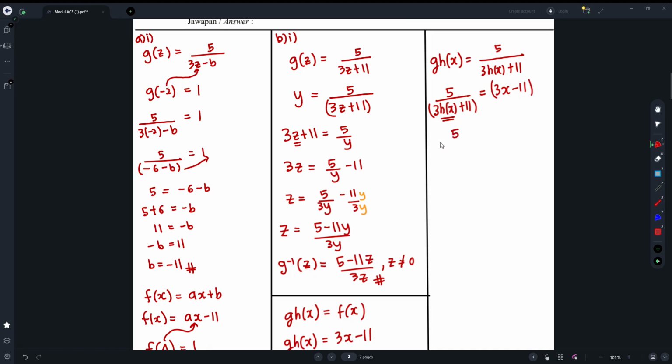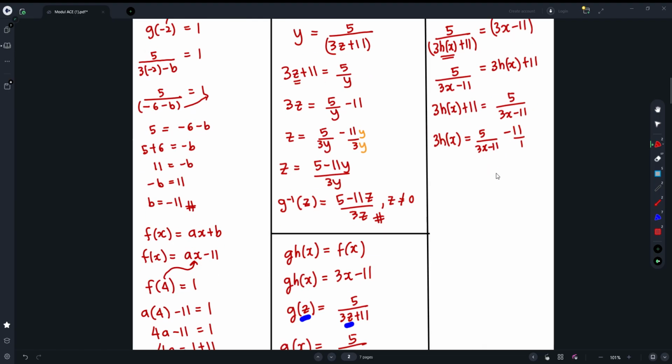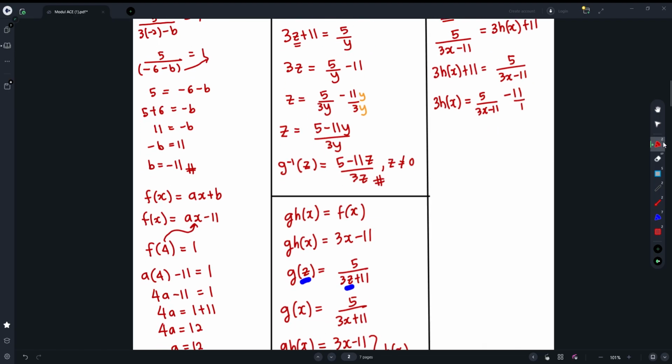So it becomes 5 over 3x minus 11 is equivalent to 3h(x) plus 11. So 3h(x) will be equivalent to 5 over 3x minus 11, minus 11 over 1. It's just minus 11, but I'm putting it over 1 because my next step is about making the denominator the same.